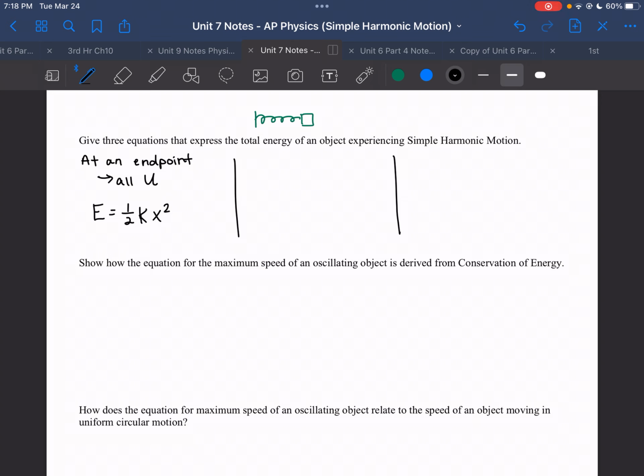But x is really the amplitude because it's at its maximum place. So when you're at the endpoint, x is equal to A. So really, the best way to write this is to say that the total energy is equal to 1/2 k times the amplitude squared.